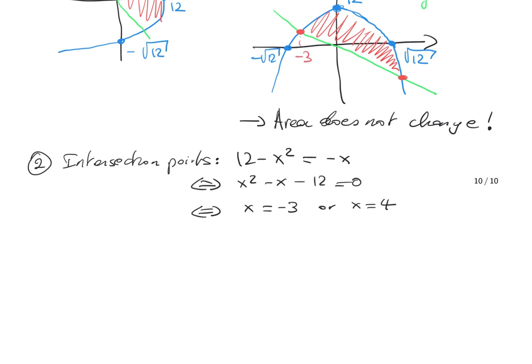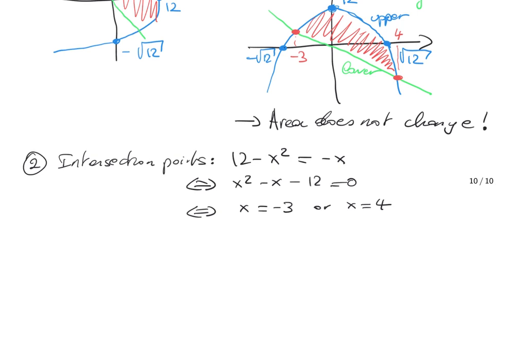X is minus 3 and here x is equal to 4. Now we have to determine which is the upper curve, which is the lower curve. The blue one is the upper curve, the green one is the lower curve. And with that, we're ready to do the easy part.